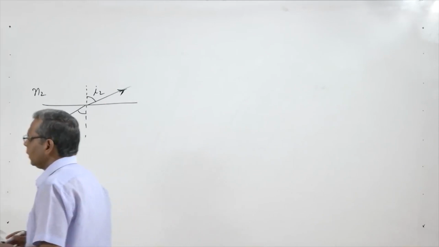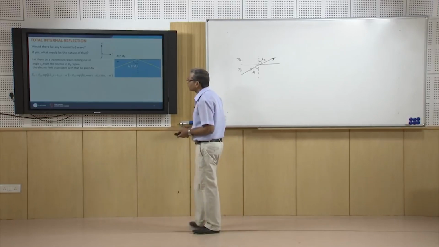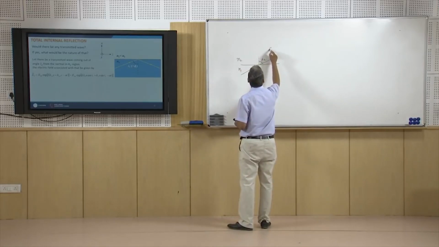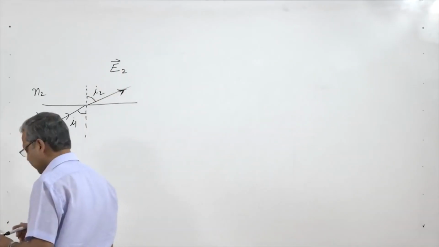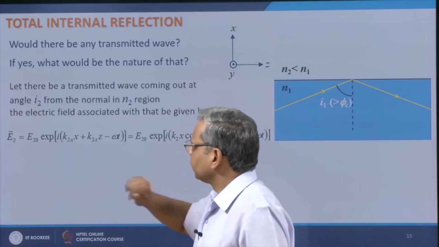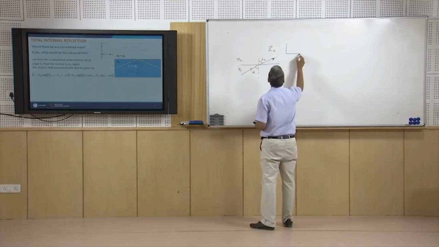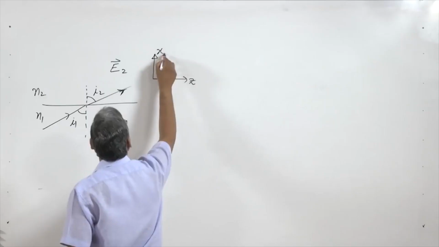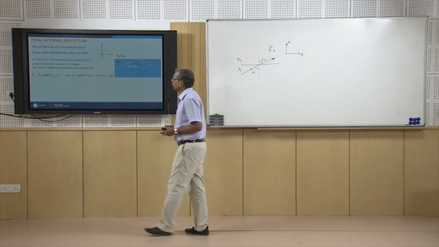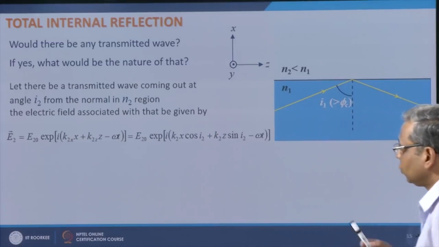So, the field associated with this would be given by E2. Let us say E2 is the field associated with this wave, these are waves, not rays, and it would be E20 e to the power i. Now since it is in the xz plane, this is z, this is x, I will have a component along x of the wave vector, which is k2x.